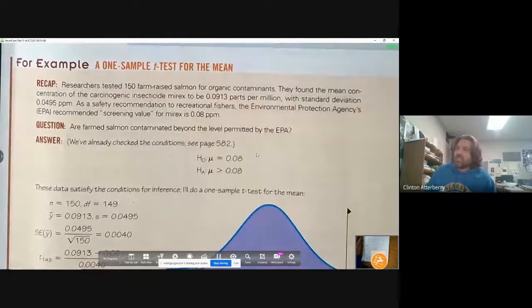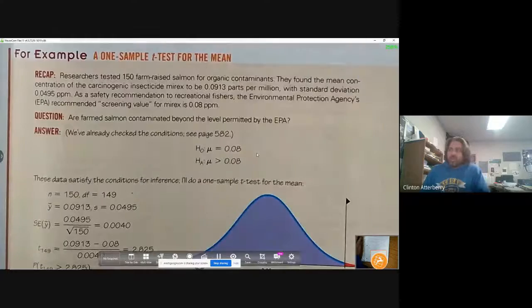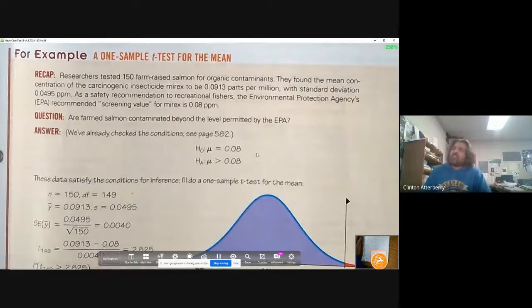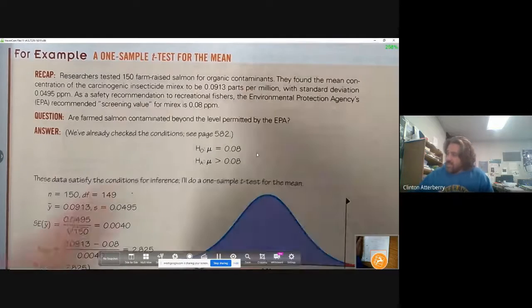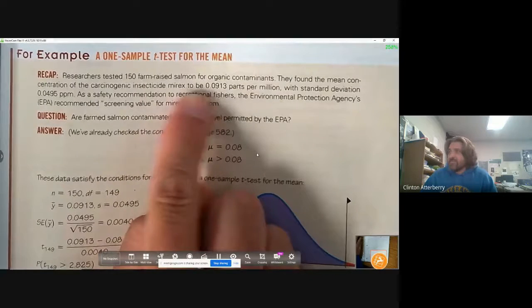Researchers tested 150 farm-raised salmon for organic contaminants. They found the mean concentration of the carcinogenic insecticide Mirex to be 0.0913 parts per million with a standard deviation of 0.0495. So in their sample, they found that to be the average, okay?